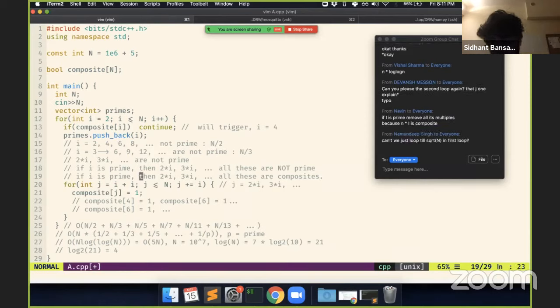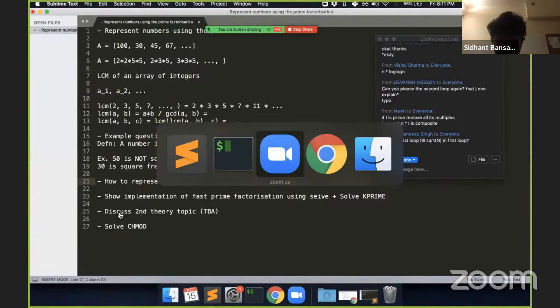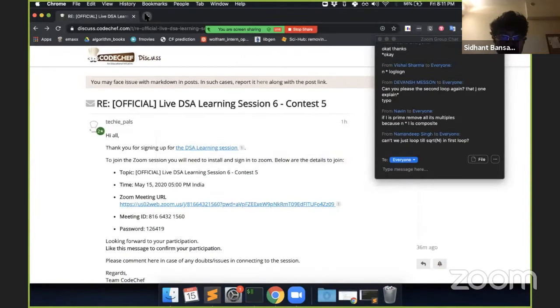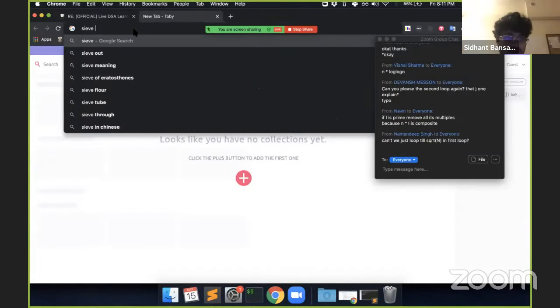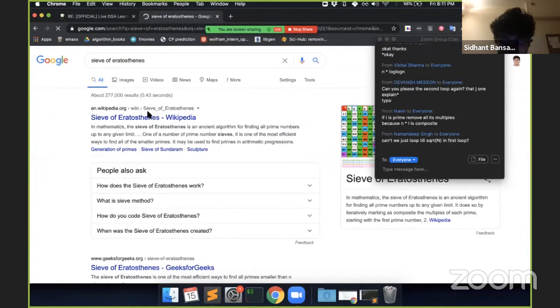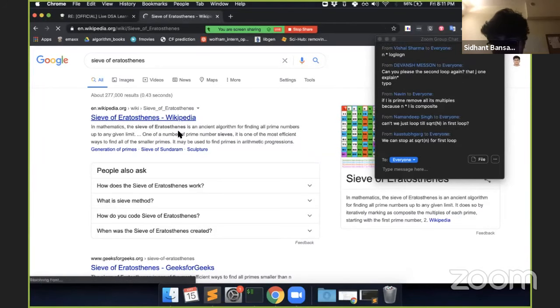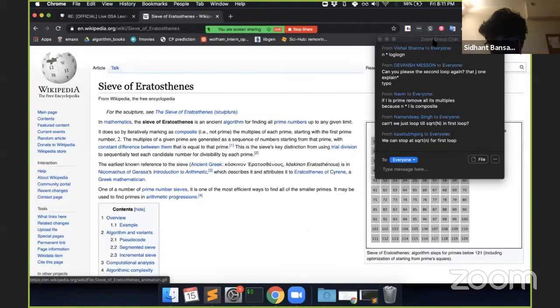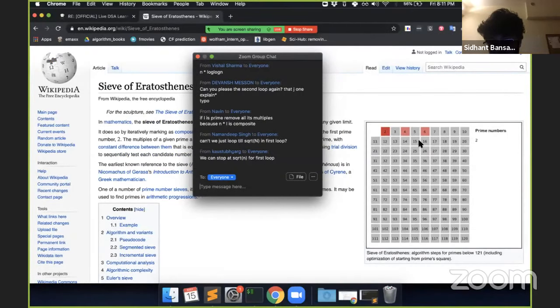Okay, so I think there's a very good visualization of the sieve of Eratosthenes. Going through the code is sometimes mundane, but there is a fancy GIF online which shows you how the thing works. Yeah, so here's the GIF. I hope you guys can see this. When 2 is prime, you strike off all the multiples of 2.